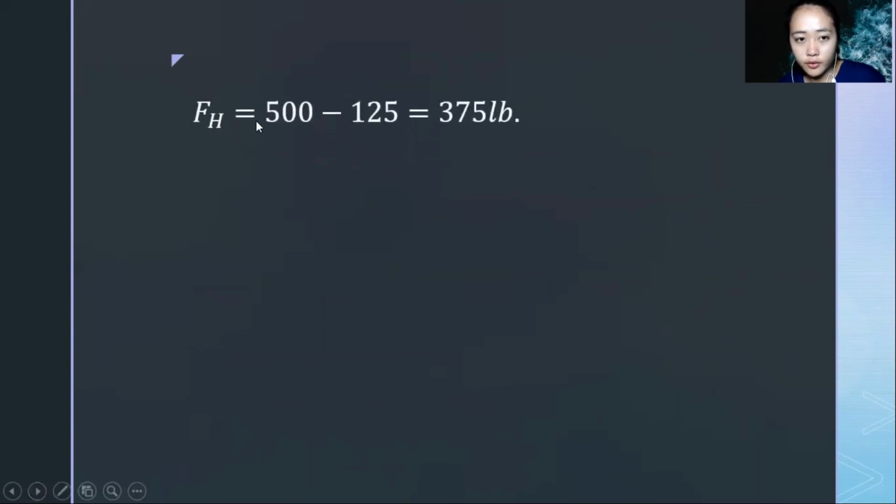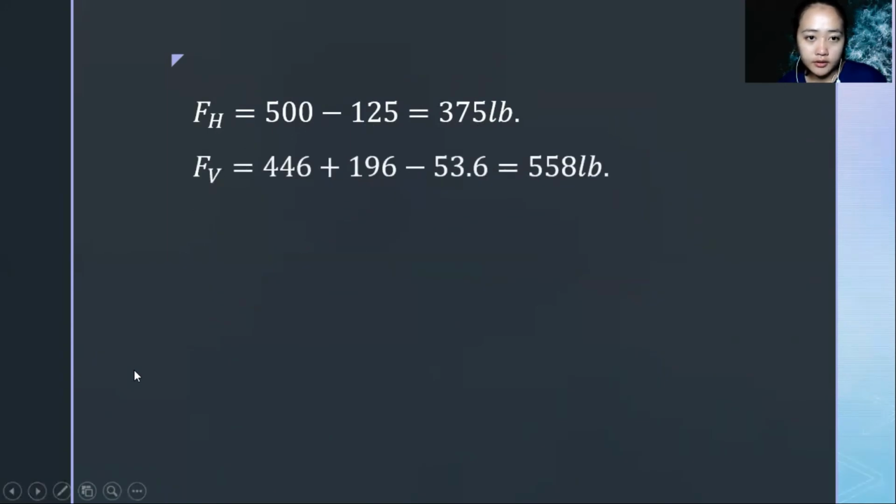So the total horizontal force is equal to 500 minus 125, since this result is going to the left. So we need to subtract. So this is equal to 275 pounds. And the vertical forces are 446 plus 196 minus 53.6, since this one is going down.